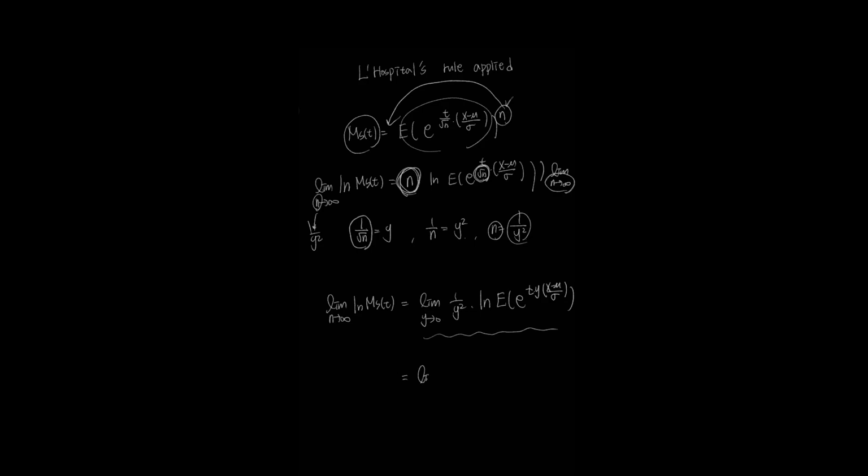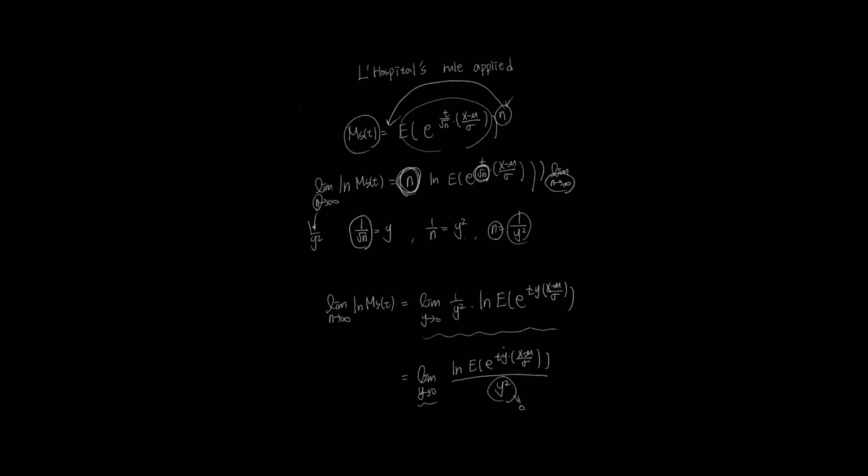So let's do it. When y goes to 0, the numerator would be like this: t times y, x minus mu divided by sigma, and the denominator would be y squared. And we saw that when y goes to 0, this part will go to 0, right?